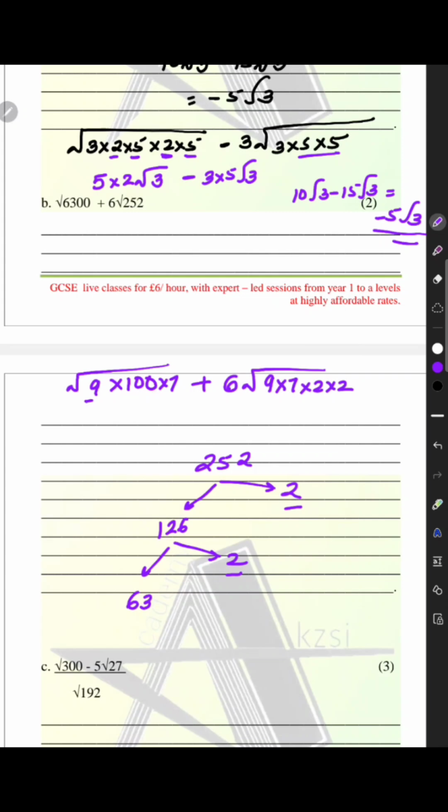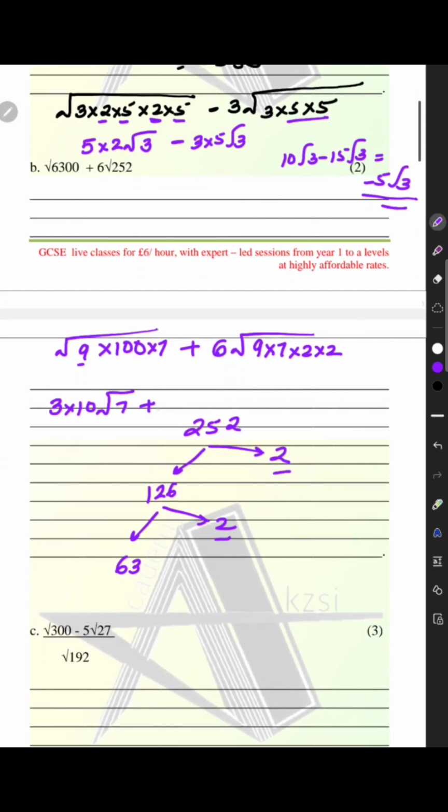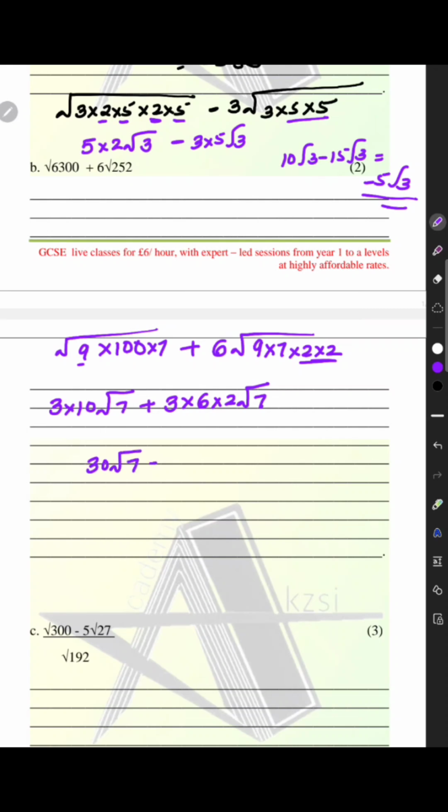So root of 9 is 3, root of 100 is 10, and this is root 7, plus root of 9 is 3, 6 is already there, and the pair 2 and root 7. This can be written as 30 root 7 plus 36 root 7, and the final answer is 66 root 7.